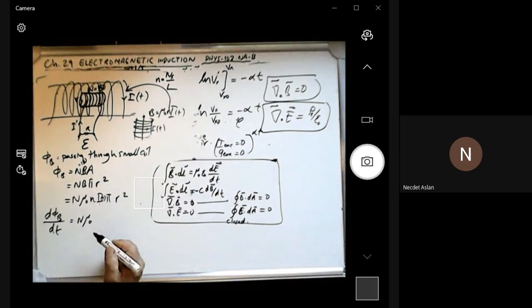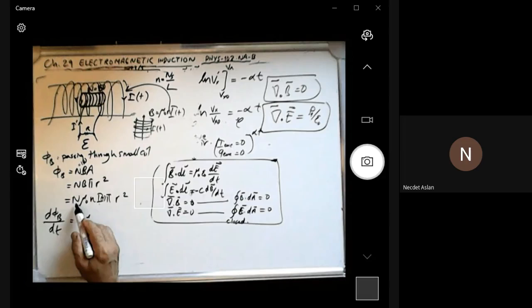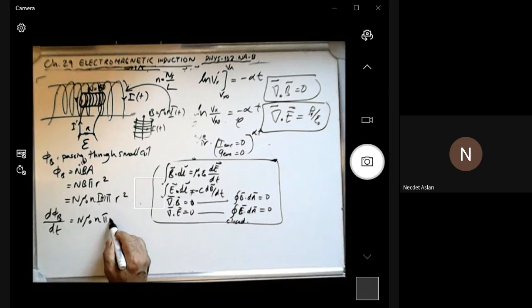This is the number density, okay? So this n and that N are different. We are using small n in order not to confuse things. So pi r squared there, and we will have di over dt.